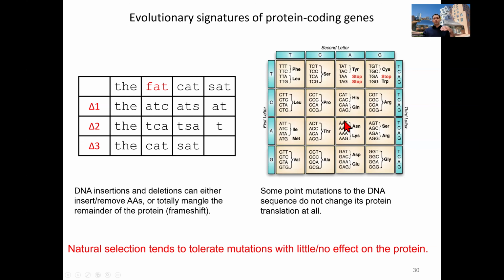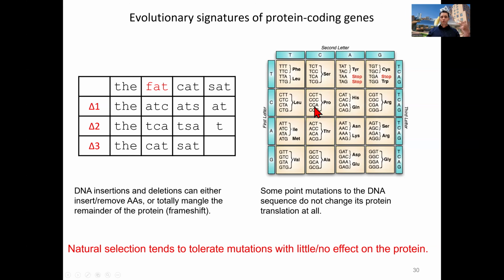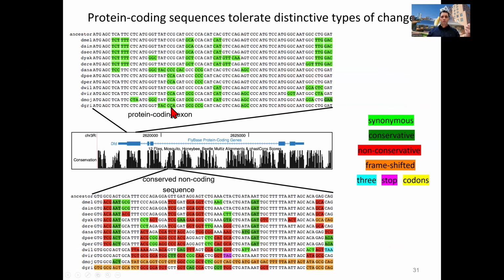And therefore, if you only care about amino acid conservation, you don't expect more than 2/3 of the sites to be conserved. And now if you apply this in a region, you can basically color amino acids. So you can color codons according to their substitution patterns.